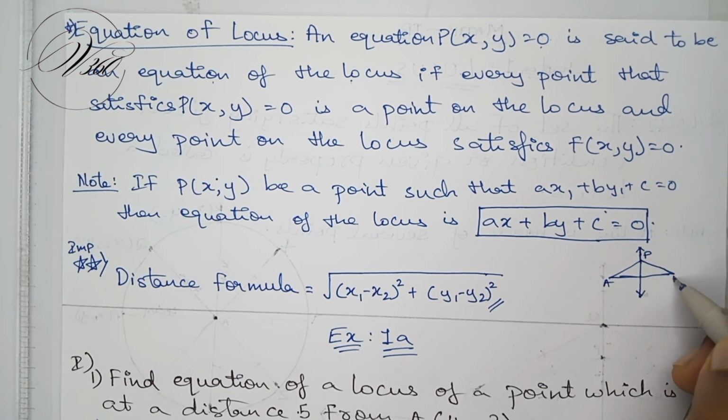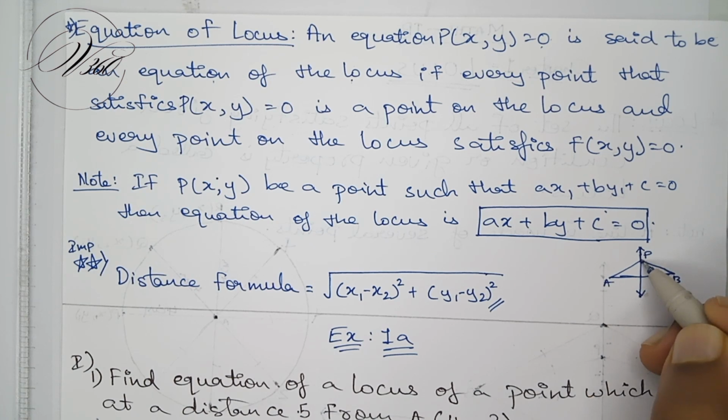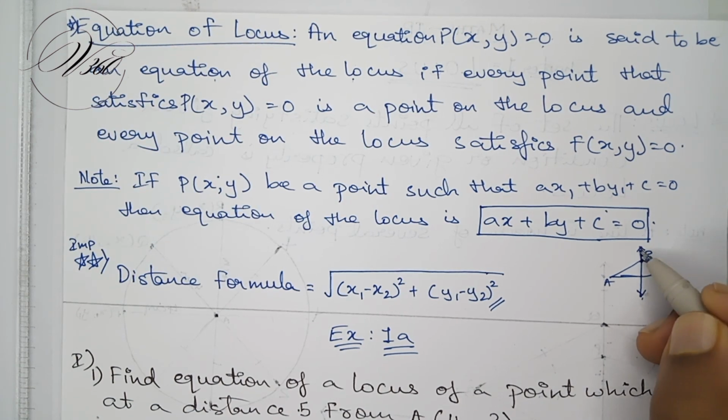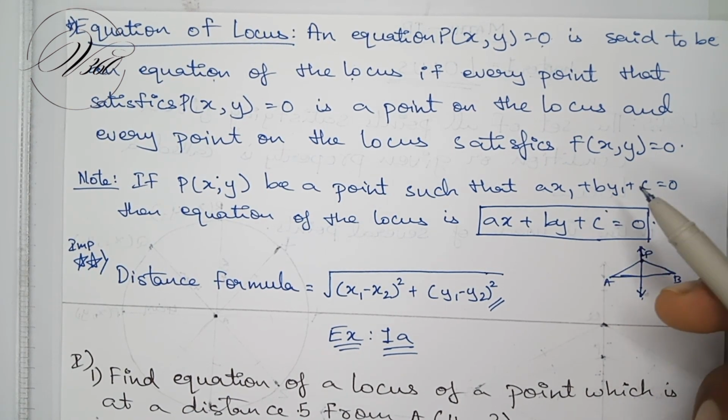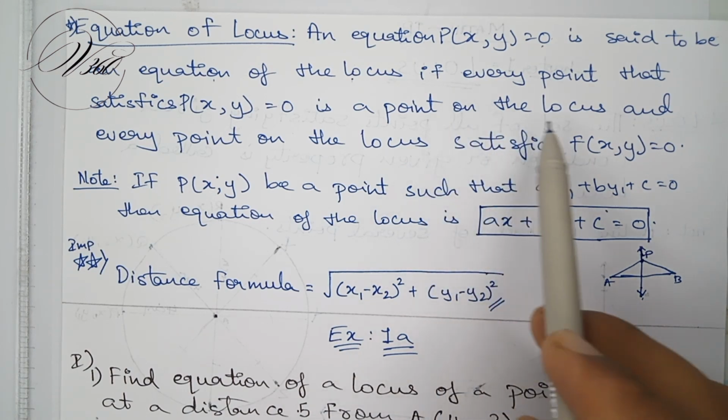This is A and B. Okay, if this point satisfies this line's equation, this point is P, or this point is P, then it is a point on the locus.